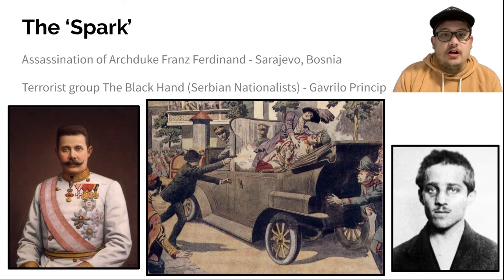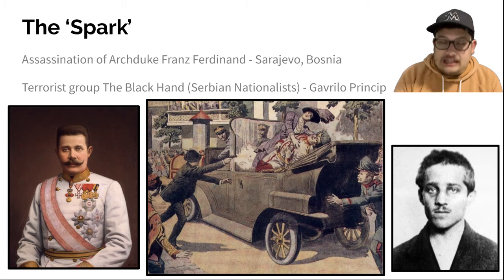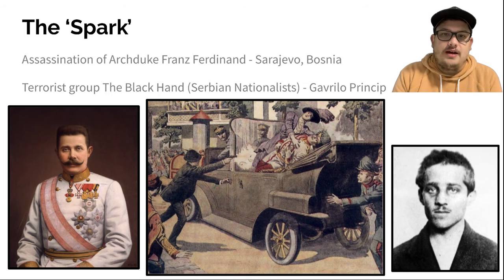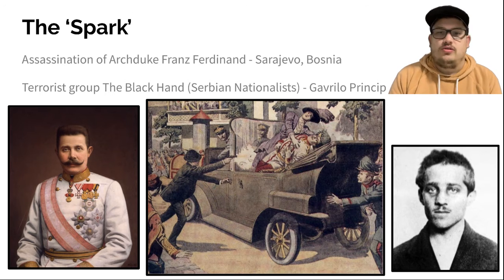Now, you probably already know the situation with Archduke Franz Ferdinand and that starting it. And yes, that's correct. The significance, though, is not just that someone died, but the circumstances surrounding it. Franz Ferdinand is going to do this show of force, look at the military, etc. as he goes to Sarajevo, which is in Bosnia.